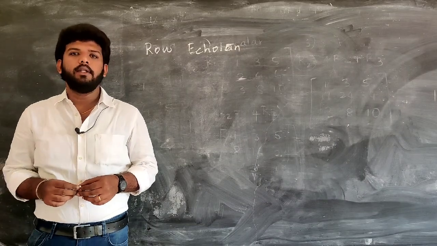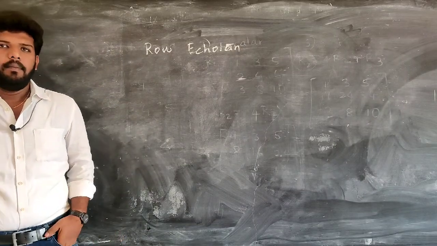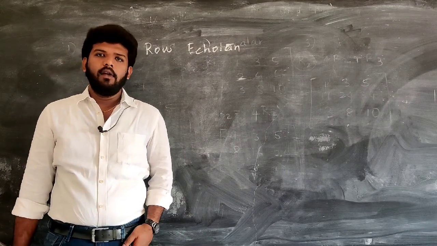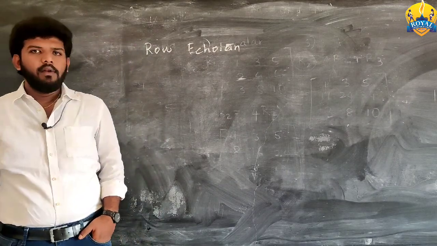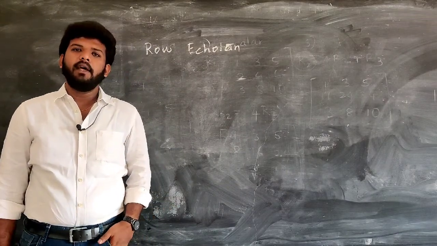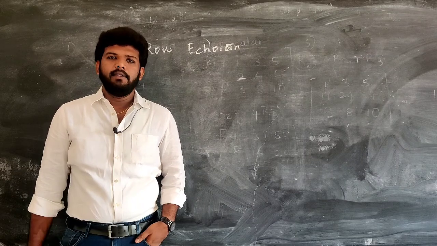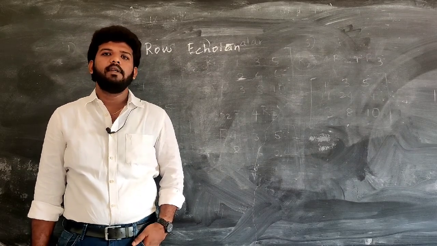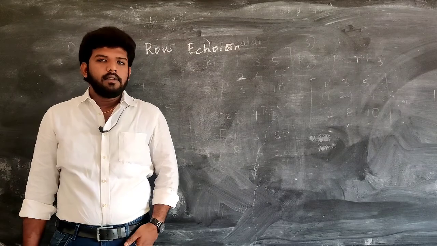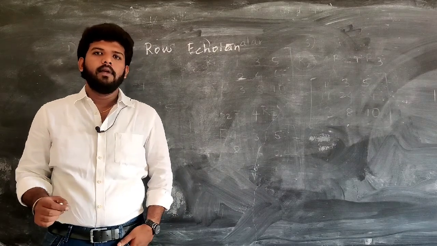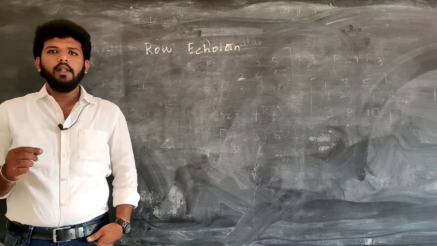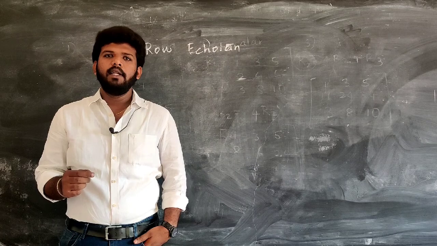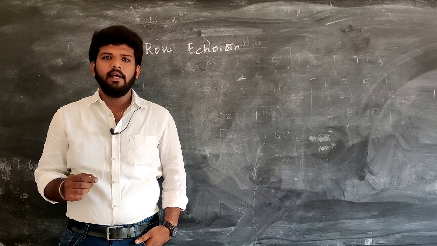Now let's see what is row echelon form. For row echelon form, the matrix must be a non-zero matrix. What do you mean by a non-zero matrix? If all the entries are 0, then it is called a zero matrix.